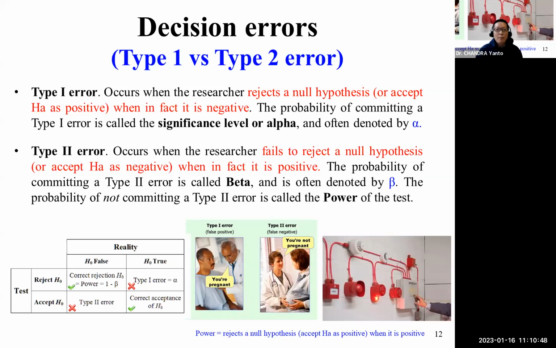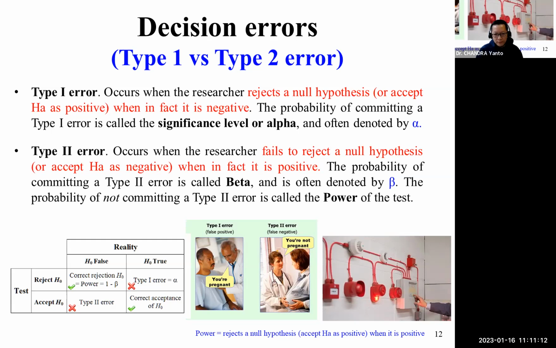Didn't it work?" Apparently, that fire alarm has a type 2 error. The fire alarm didn't detect that there is a fire, so it doesn't reject the null hypothesis. It didn't think that there is a fire, so it doesn't ring, and we think it's fine. So there are type 1 and type 2 errors, and this can always happen in any research.